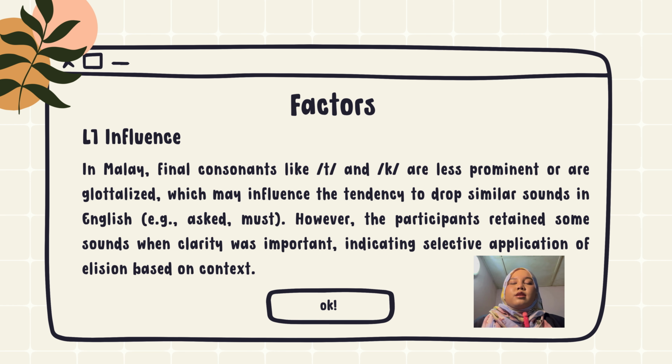The next factor is the L1 influence. In Malay, final consonants like t and k are less prominent or are glottalized, which may influence the tendency to drop similar sounds in English. For example, "us," "must." However, the participant retained some sounds when clarity was important, indicating selective application of elision based on the context.